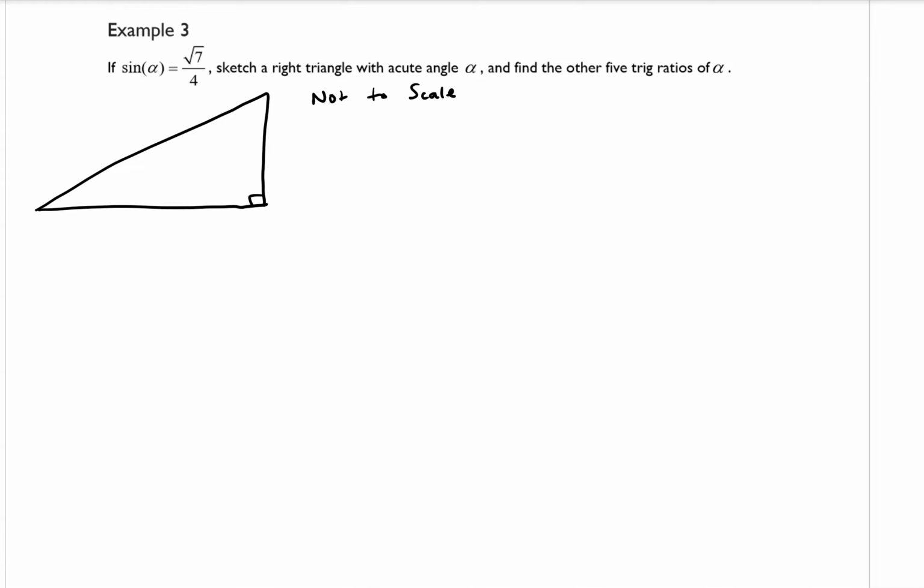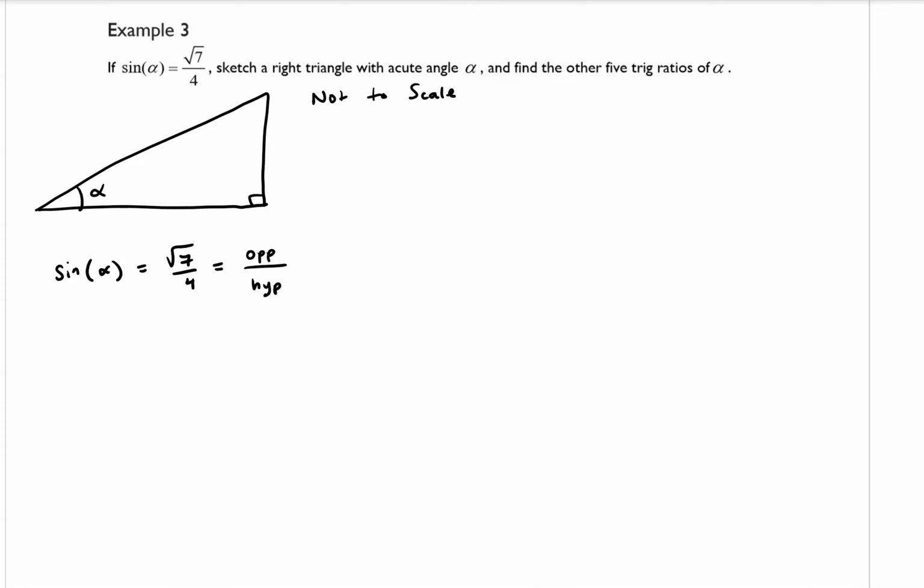because I don't know what all of the dimensions are, and so I'm going to label this angle alpha here, and we know that sine of alpha is equal to the square root of 7 over 4, which, if we think of our mnemonic device, is opposite over hypotenuse.